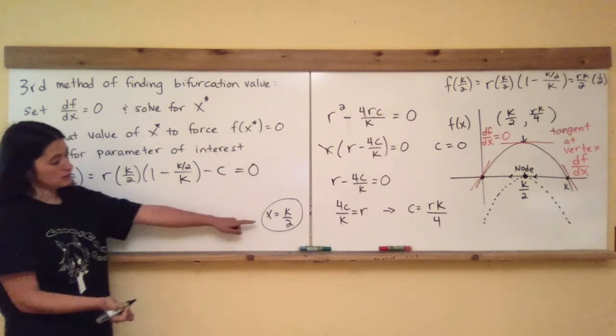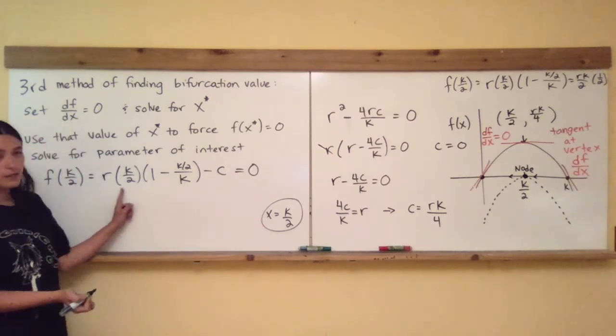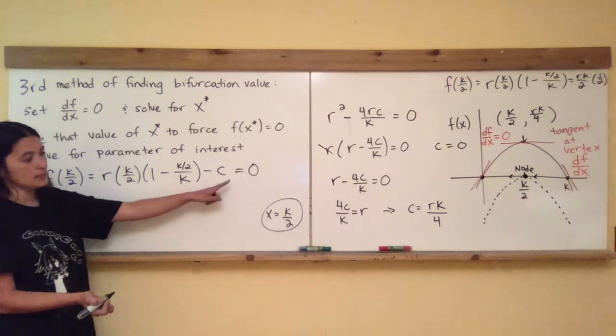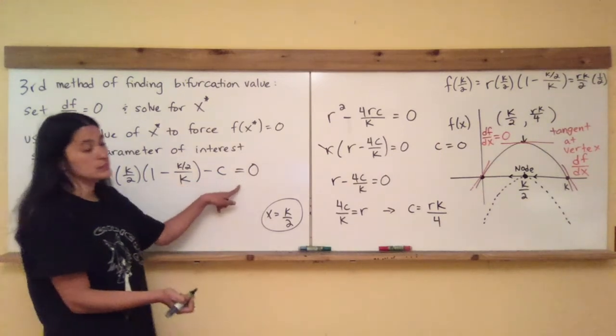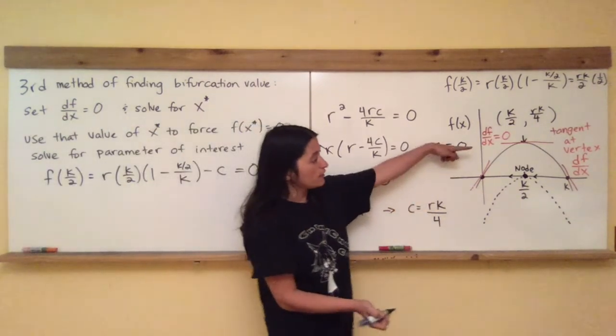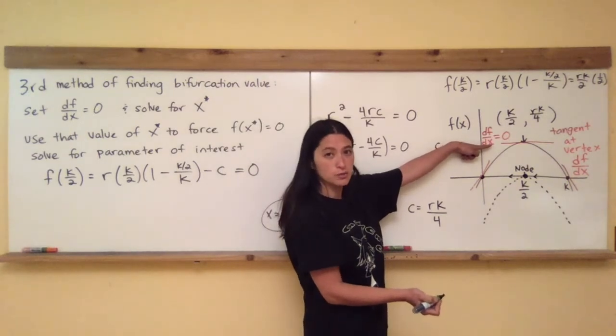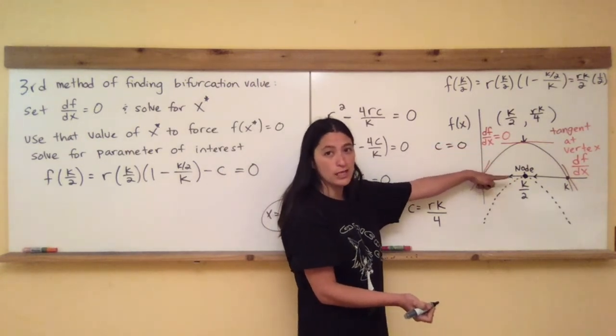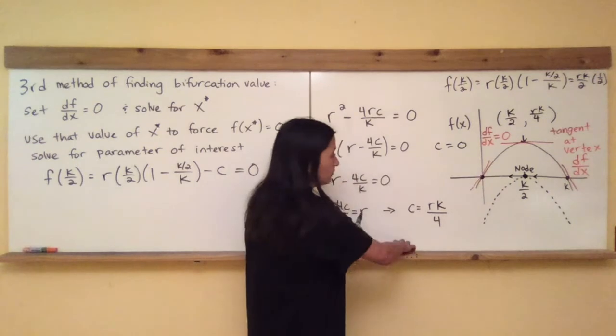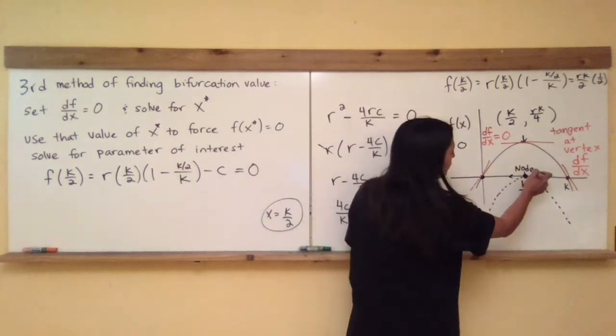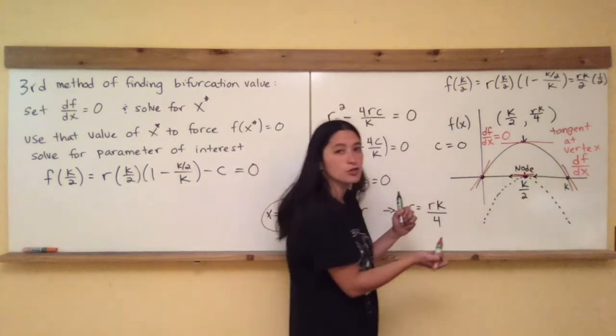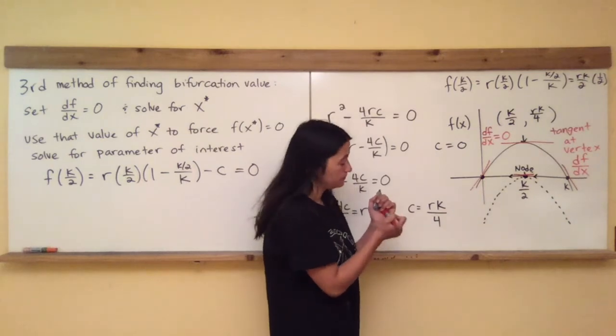So I'm taking that and plugging it in for x, and then I'm saying I want that to be 0, which is the same thing as saying I want this red horizontal tangent to occur at the location of a root. So I'm looking for a horizontal tangent and a root at the same time.